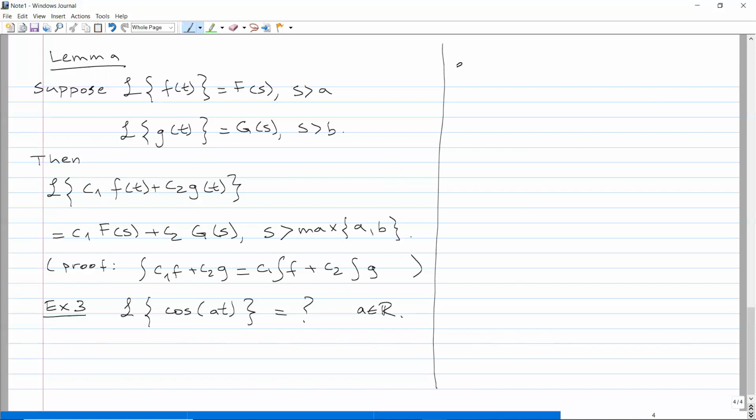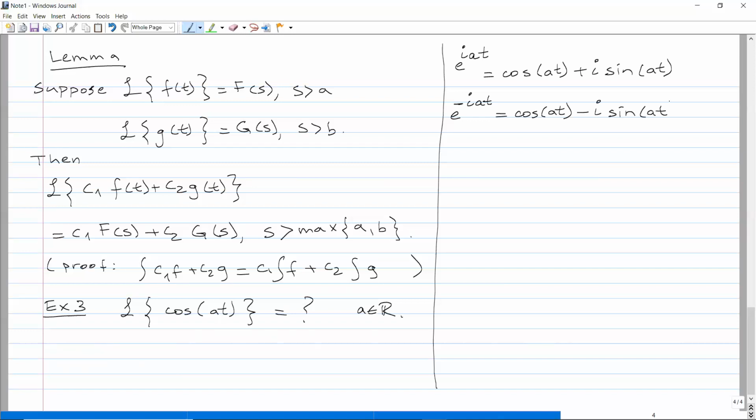Okay, so if you consider e to the power i, the imaginary number i times at, we know that this is cosine of at plus i times sine of at. And if you take e to the minus i times at, this is cosine at minus i times sine at.